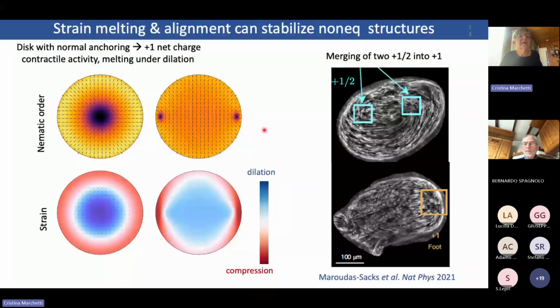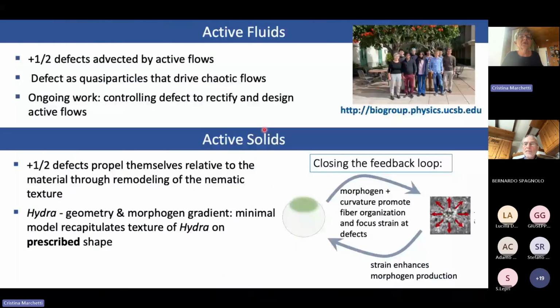So I am going to essentially conclude here and try to summarize what I've been telling you. In active fluids, we understand how the +1/2 defect becomes motile. It is simply advected by the active flows it itself generates.